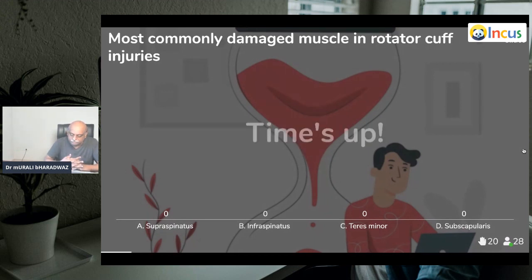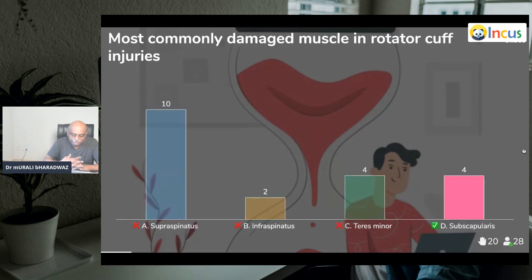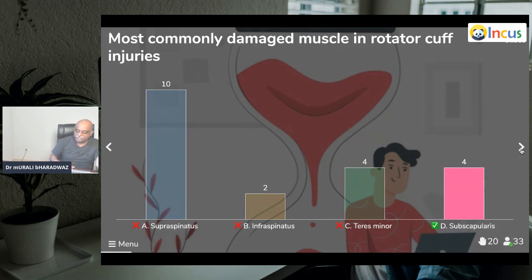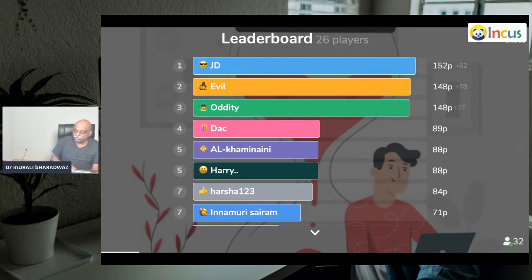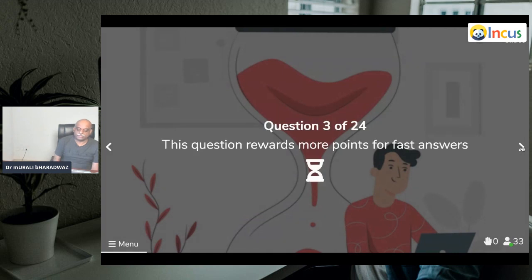The most commonly damaged is it supraspinatus or subscapularis? I believe option A is the correct answer. Just a small error in the key. So the next question.